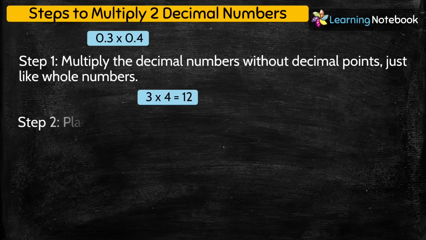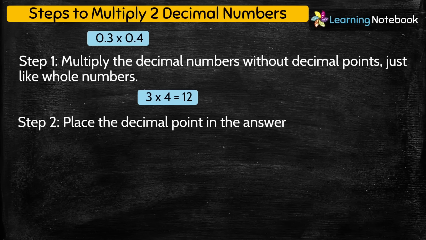Now step 2 is we have to place the decimal point in this answer. Decimal places in the answer equals to sum of decimal places in both the given numbers.